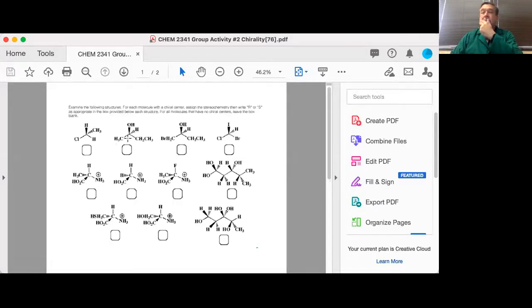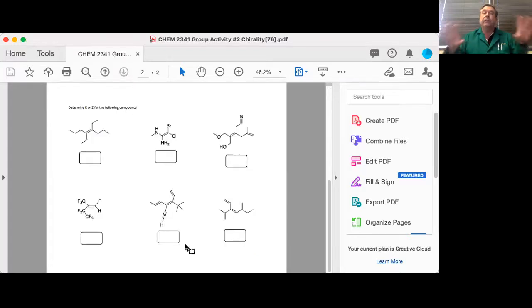There's also a copy of the group activity posted in the chat room if you don't want to go all the way to Canvas for that. So if you're going to just put this on notebook paper, I'd arrange them in the same order, so that you would have your boxes arranged in this pattern right here, and then I should be able to figure it out.